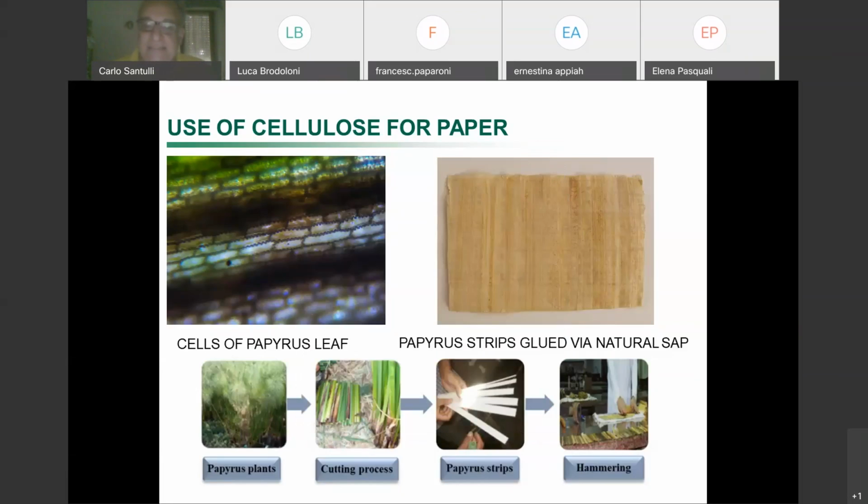Then they were hammered, really hammered by a stone, and glued together with the natural sap to form some real strips, which could be useful not just to write, but also gradually it became more and more important to paint on it, as a support for painting.